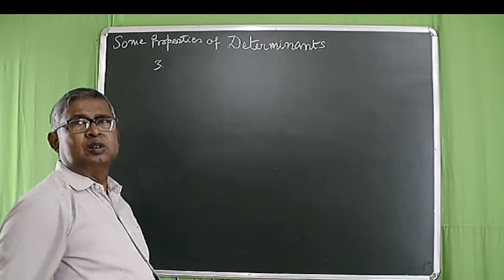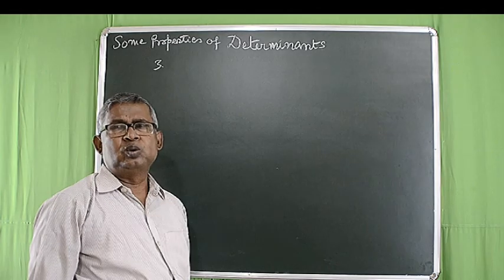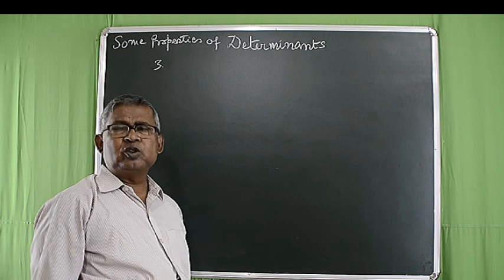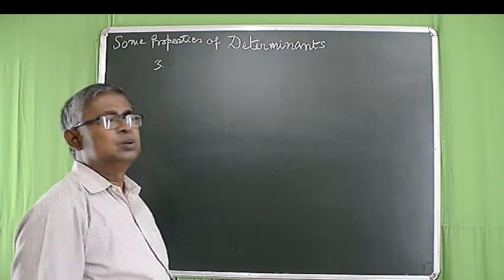If the elements of any row or column are 0, then the value of the determinant is 0.